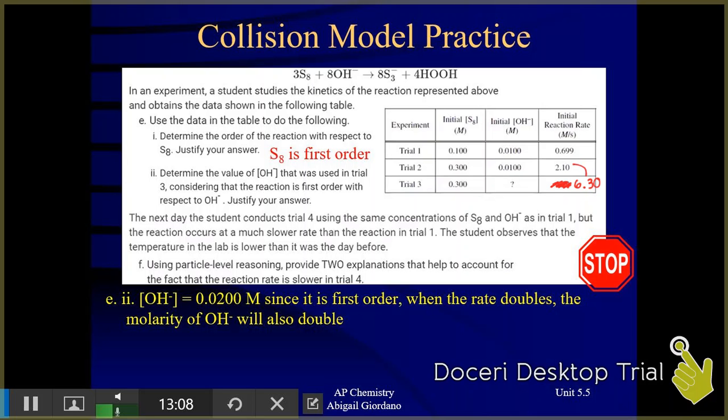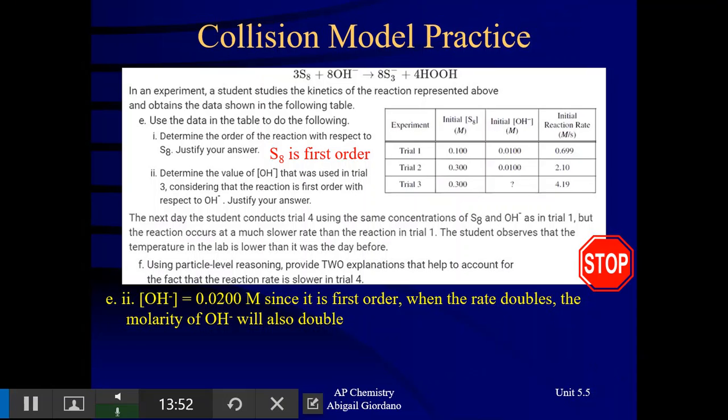But again, they're telling us it's first order. So whatever the rate is doing, the molarity must also be doing. So this would be my answer if that rate had been multiplied by 3. Okay, so I just wanted to point that out to you.